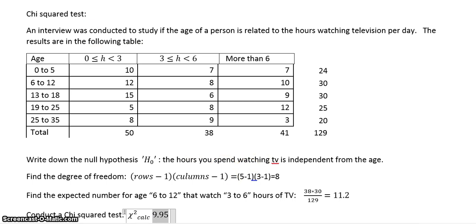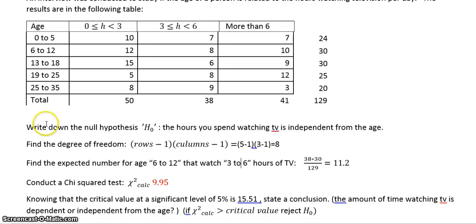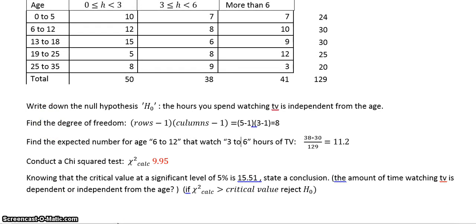Great. Now what else we have? Here we give our conclusion. Knowing that the critical value at a significance level of 5%, which is the normal one, is 15.51, state a conclusion. I mean, we're going to say if this null hypothesis that we wrote, that they were independent, is true or not.